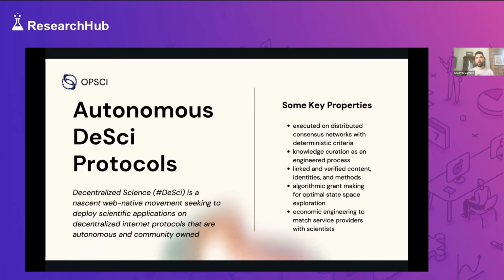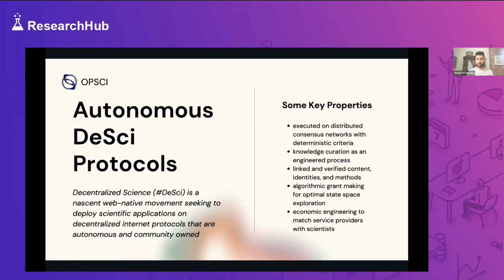And this is underlined by things like linked and verified content, right? So being able to cryptographically generate proofs that a particular object or a particular observation is that observation that came from that source. So reducing noise in the communication of results all the way from observation to dissemination and published papers.